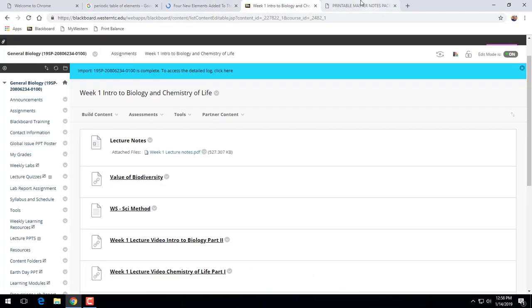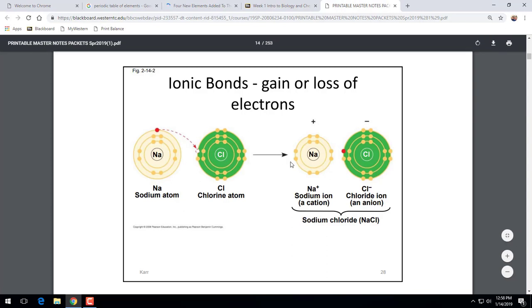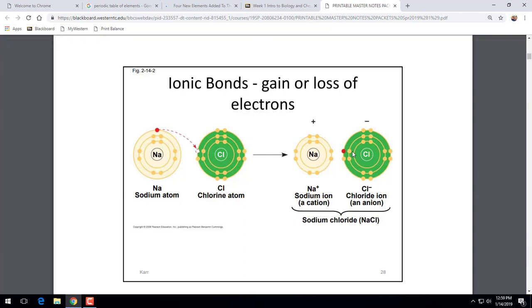So going back to our notes then, this bond between sodium and chloride is the result of a transfer of electrons. One atom is losing, one atom is gaining. And we can predict the charge based on how many were lost or gained. If we look at the charge on chloride, chloride gained how many electrons? 1.